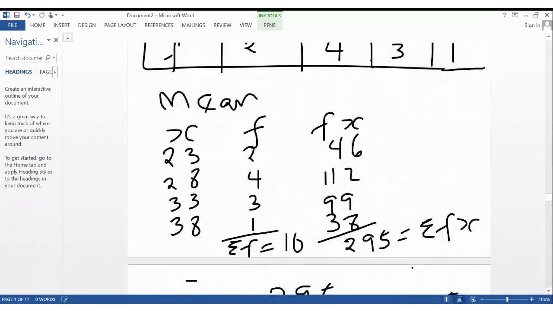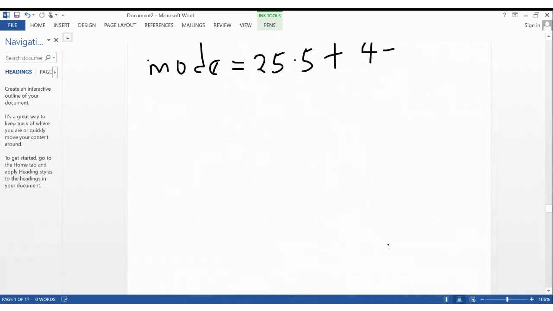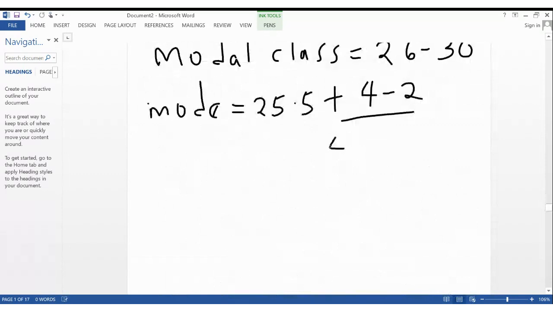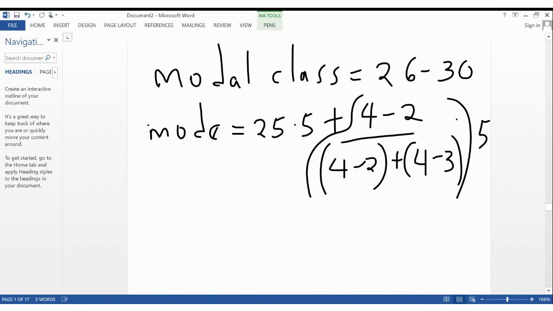That is 4 minus 2, plus 4 minus the next one, which is 3. The whole of that you multiply by the class width. If you're noting, the class width is still the same: you take the upper class boundary, which is 30.5, minus 25.5. So W is 5. That's why we are getting a 5.